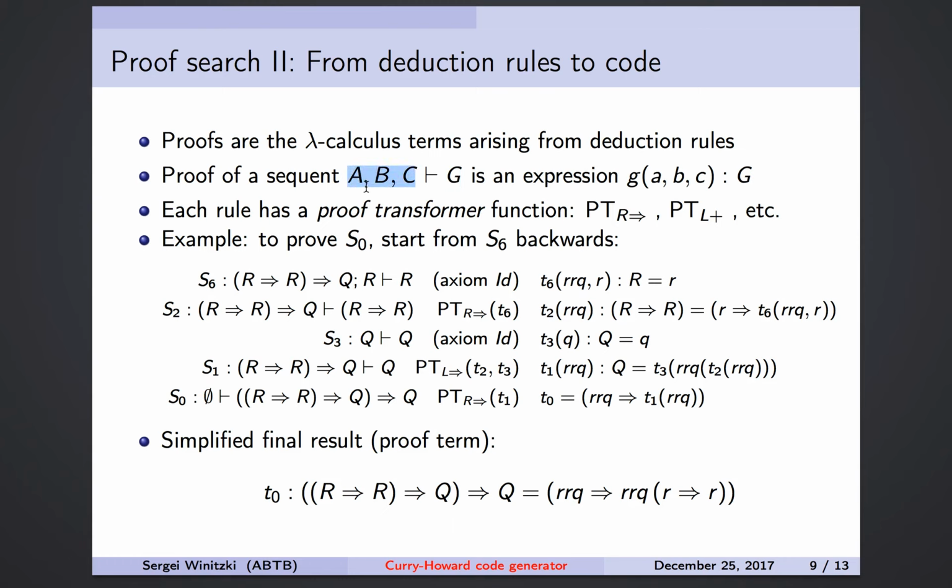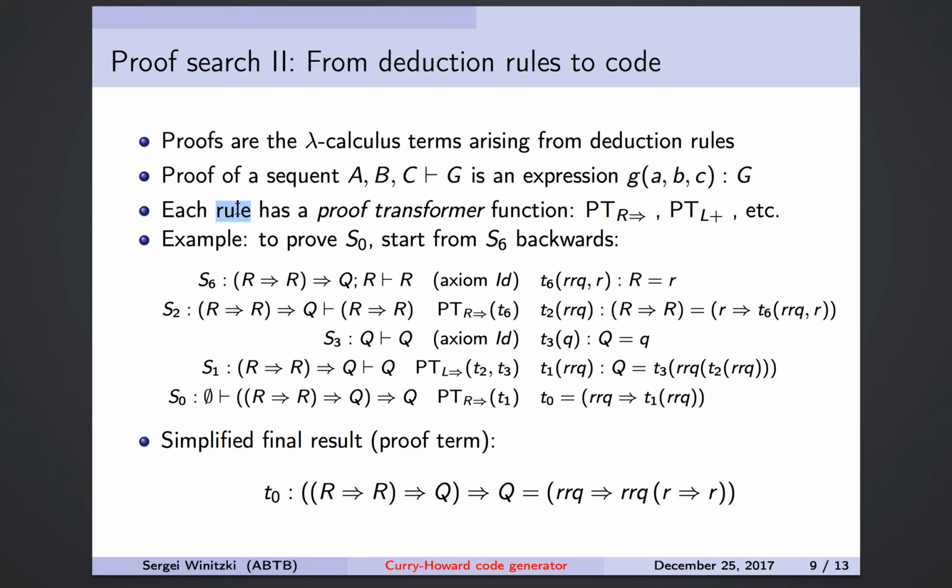So not actually the values. Sequence corresponds to types, not to values. We are now trying to get to values. So we need to build expressions with values of type A, B, and C that altogether give you a type G. That expression is the proof term. This is how it's called. It's the proof term of this sequence.